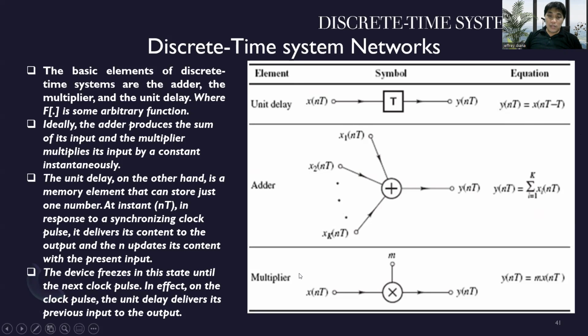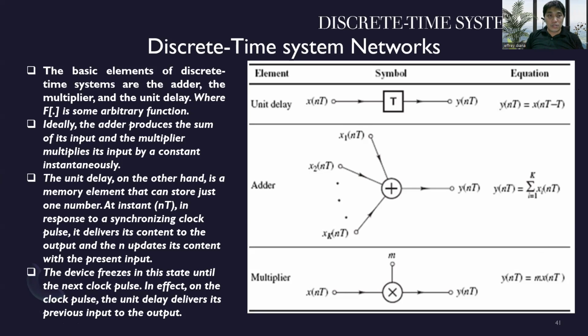And last, the multiplier: this is the symbol and this is the equation, y(nT) equals m times x(nT). So the basic elements of discrete-time systems are the adder, the multiplier, and the unit delay, where f is some arbitrary function.